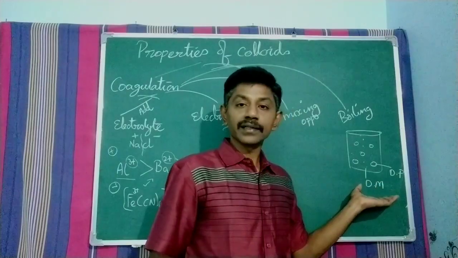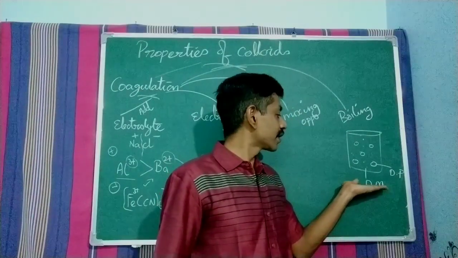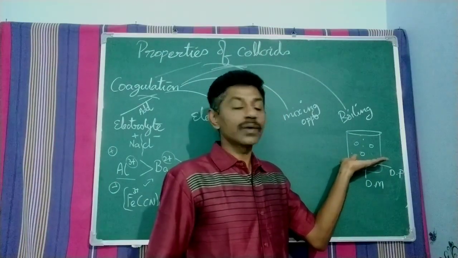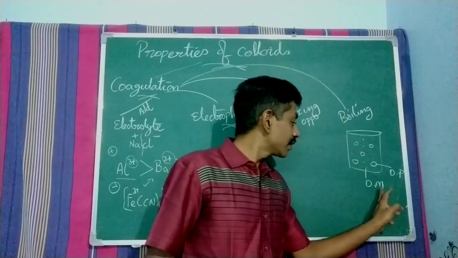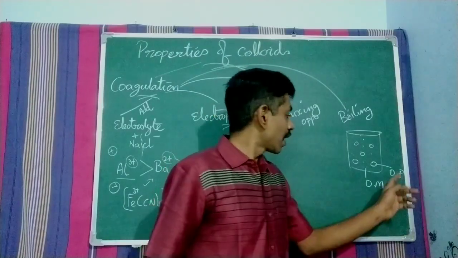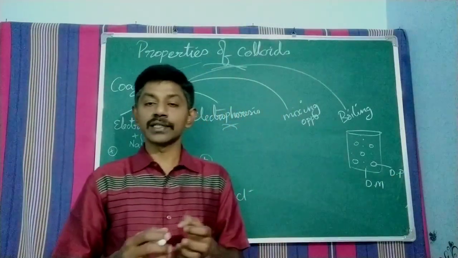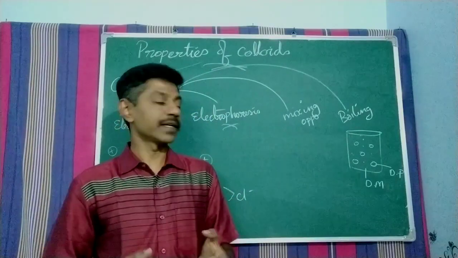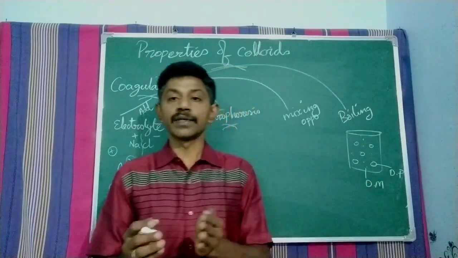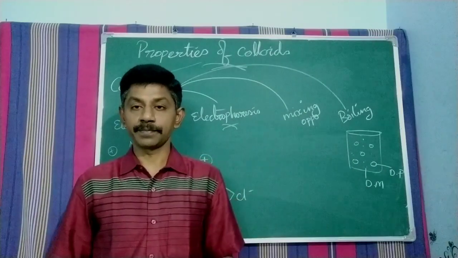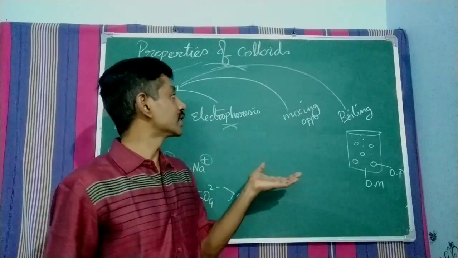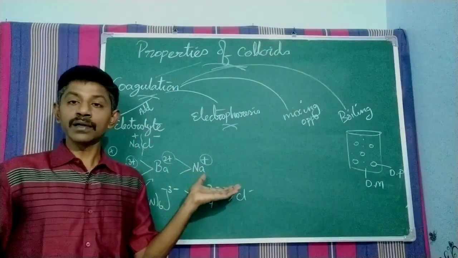When you boil, the dispersion medium slowly evaporates, so the quantity of dispersion medium gets reduced. The solid particles have more collision because of obtaining heat energy, and they join together and precipitate. So these are the factors influencing coagulation of a colloidal solution.